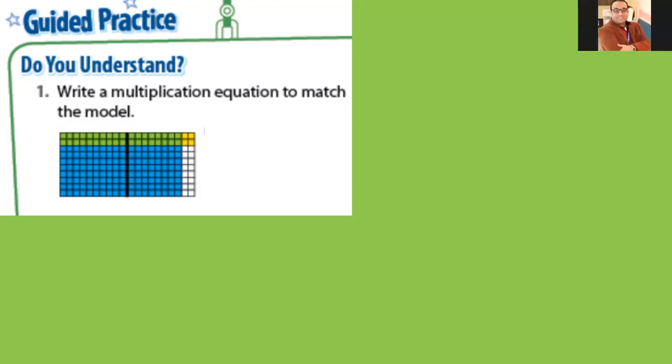How do we write the multiplication equation to match the model? The model is clear in front of you. We need to recognize a number, I don't know what it is, multiplied by a number to get the product. Am I right?